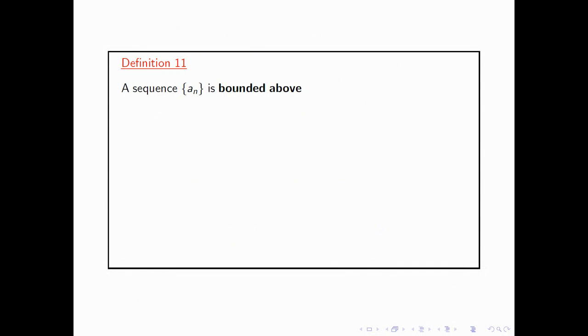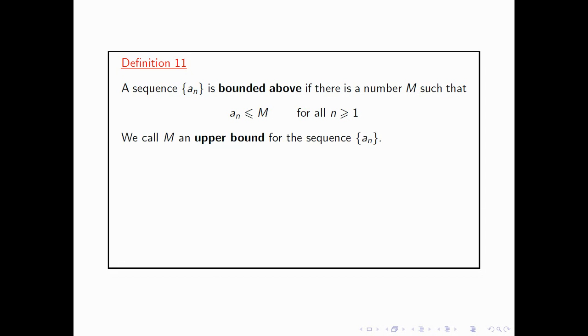Next definition. A sequence is bounded above if there is a number M such that a_n is less than or equal to M for all n greater than or equal to 1. We call this M an upper bound for the sequence a_n.